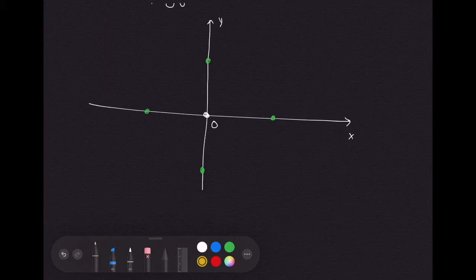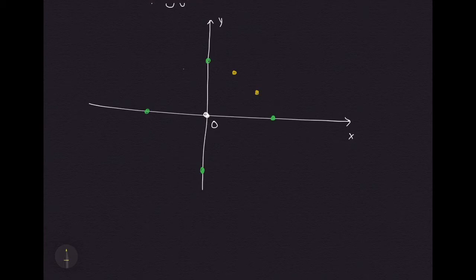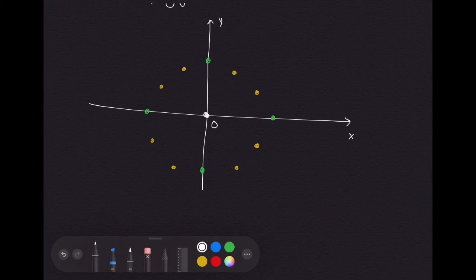Then we will draw 8 more points, 2 per quadrant. It's quite easy to estimate that and draw the 12-sided polygon in this manner. Okay, now join the vertices to get the actual polygon.